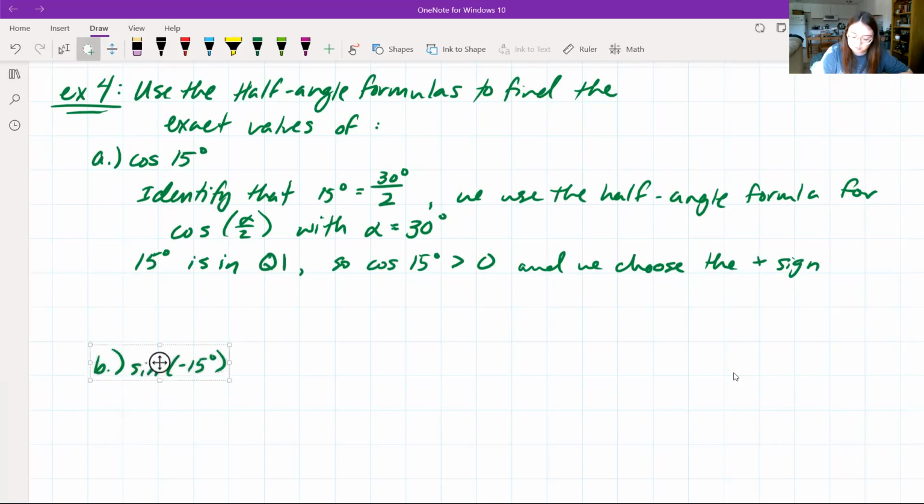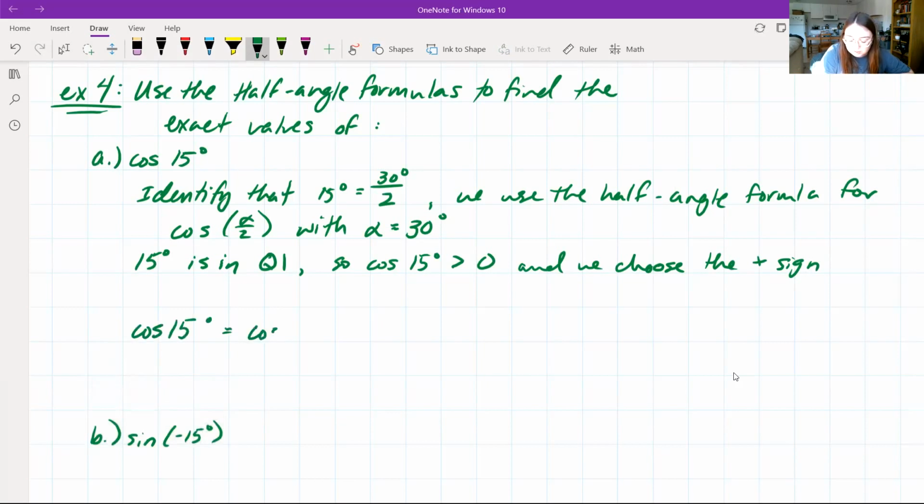And we're going to need a little bit more room here, so we're going to scoot this down. So cosine of 15 degrees we know is equal to cosine of 30 degrees divided by 2, which using our equation is going to give us the square root of 1 plus cosine of 30 degrees, divided by 2.